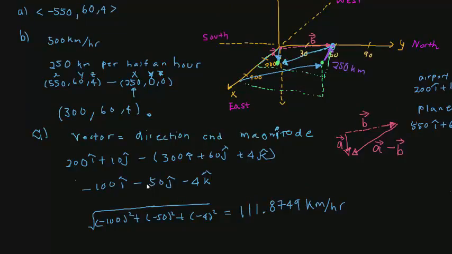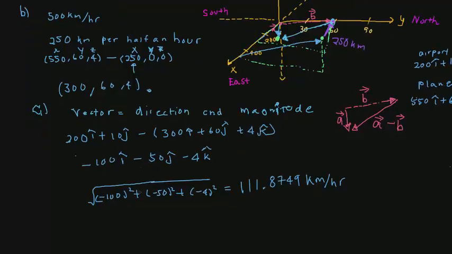So now we have the magnitude. The next thing we want to find out is its direction, right? In order to find the direction, we need to have the unit vector. So what would the unit vector be? Well, we know that the unit vector is v over the magnitude of v. In this case, we already have v and we also have the magnitude.